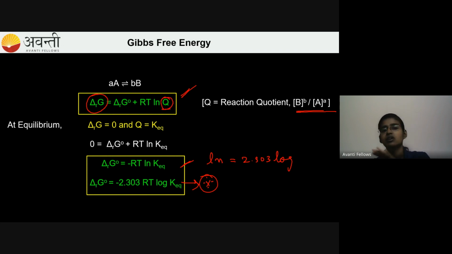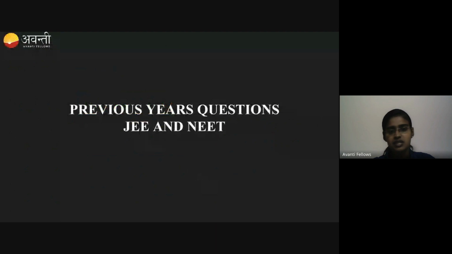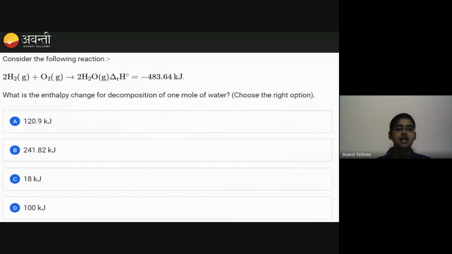Now using all the formulas that we have seen, we will try to solve the previous year's questions of JEE and NEET. Let's start from the first. Consider the following reaction: 2H2 plus O2 giving 2H2O, and delta H_R naught associated with it is minus 483.64 kilojoule.